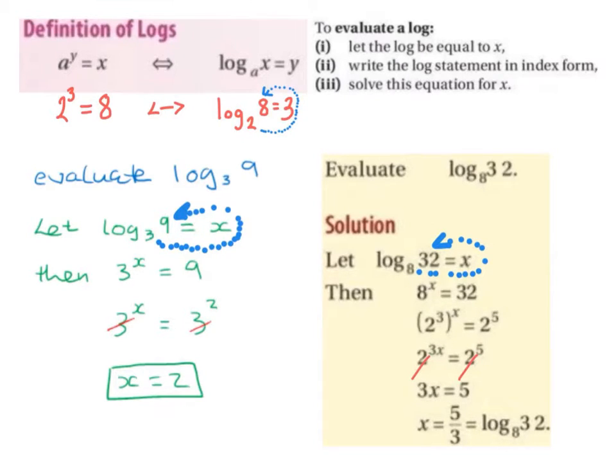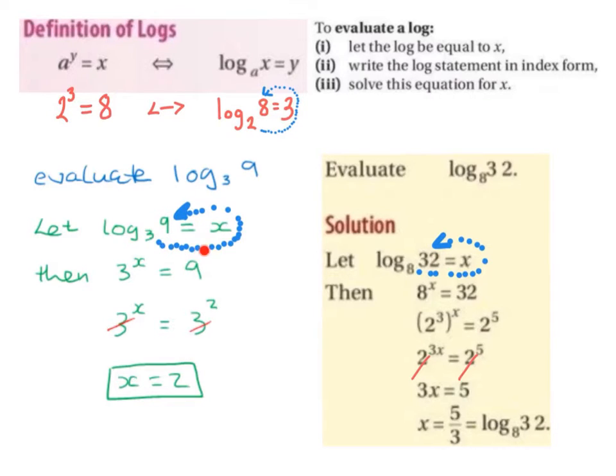And we want to rewrite this similar to our very first step up here, our definition of logs. So we want a to the power of y is equal to x. So we want to rewrite this in that format. So we're going to use the scorpion tail method again, and we're going to start with the base, which is 3. We're going to wrap the scorpion tail around the x, going past the equals, and end up with 9.